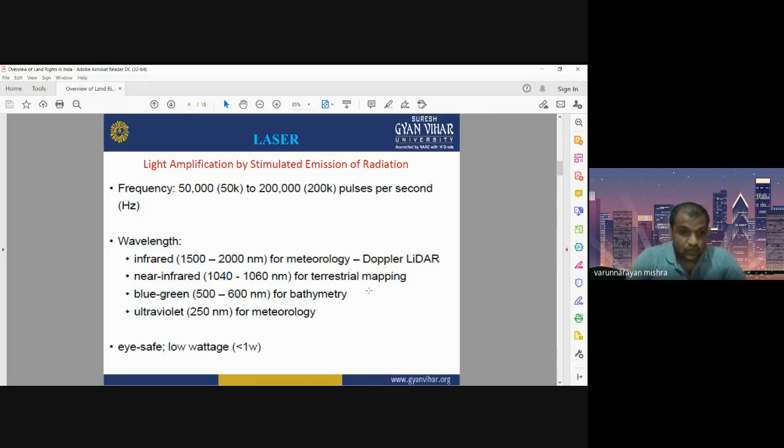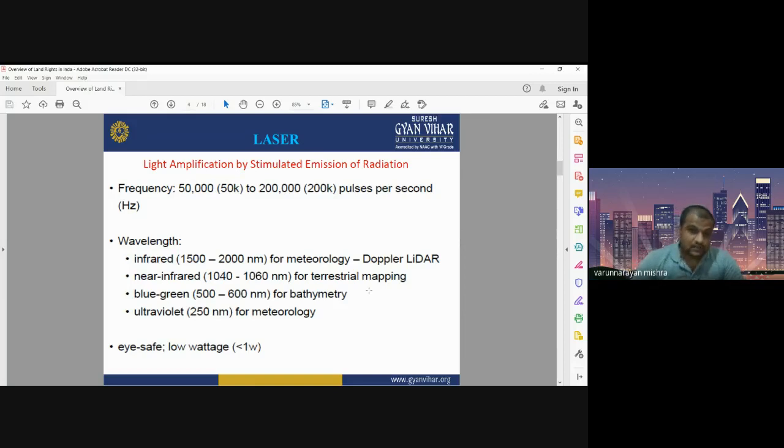Also, it must be eye safe, meaning laser is very dangerous for eyes. If you get direct contact with the laser, it may harm your eyes and your eyesight. So its intensity should be below 1 watt.